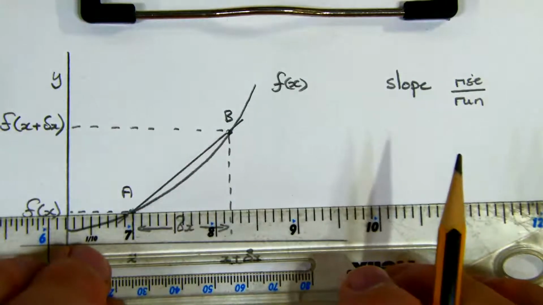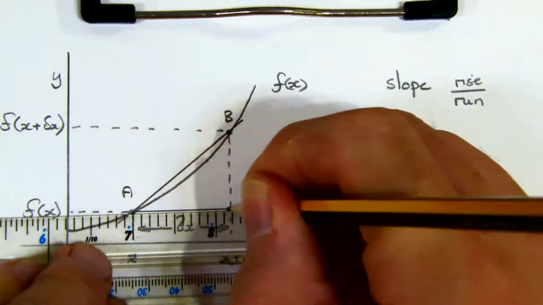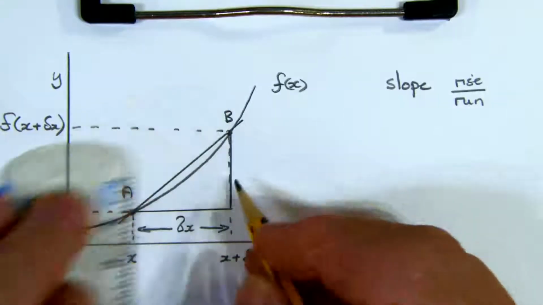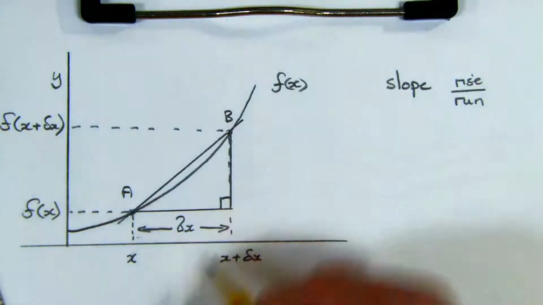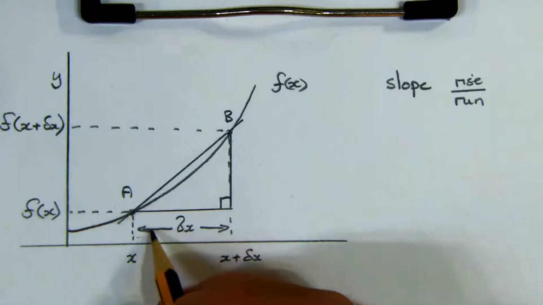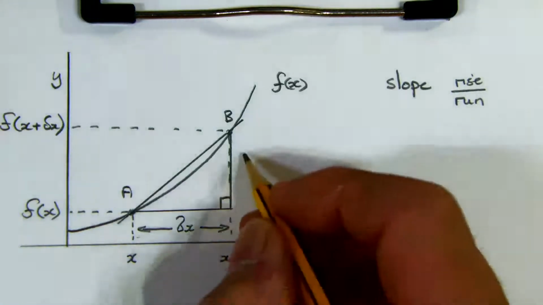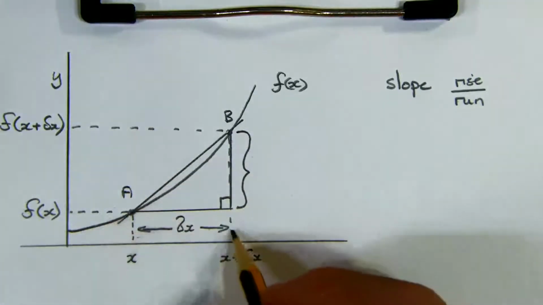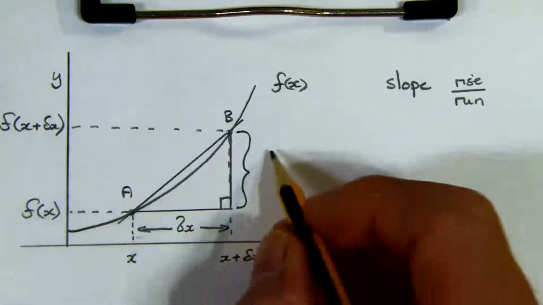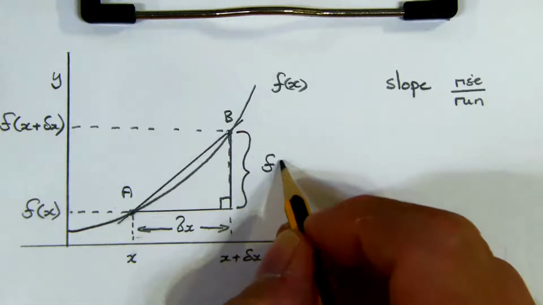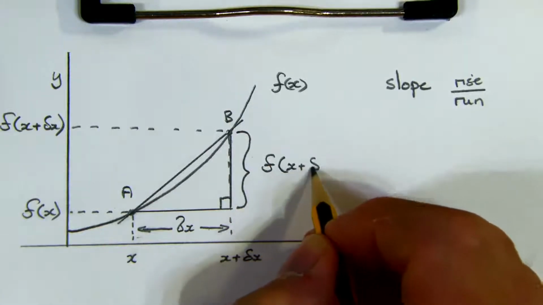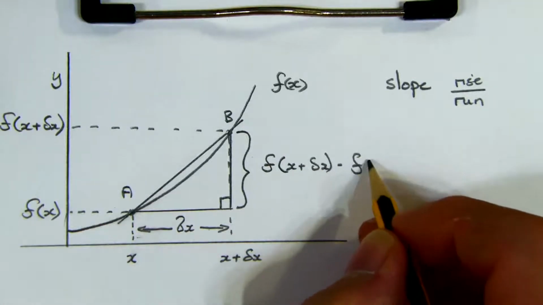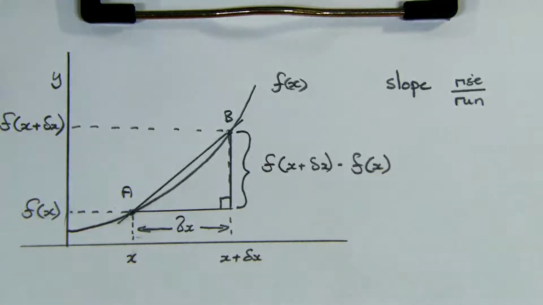The gradient here is simply going to be found by us trying to draw in a nice right-angled triangle. And we know this distance here, and we know this distance here, because this distance is going to be the larger distance, which is here f of x plus delta x, minus the short distance f of x.